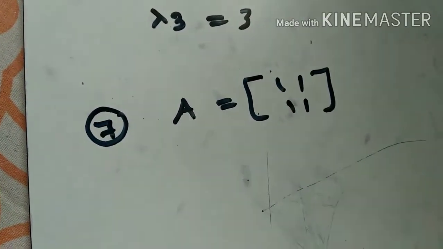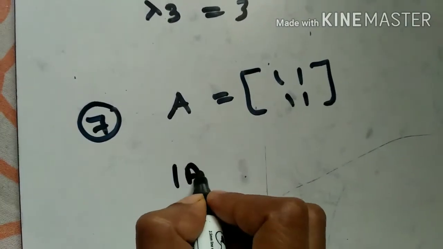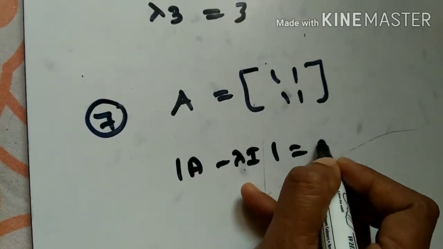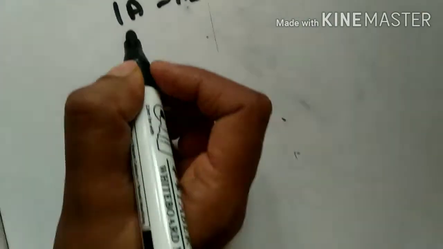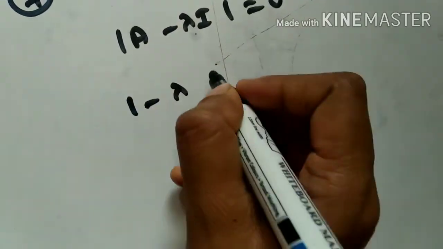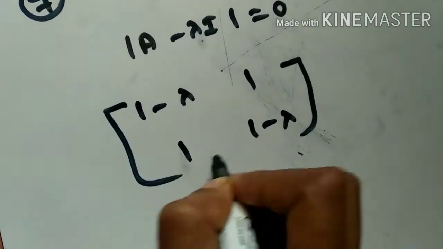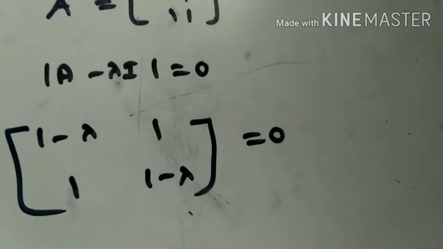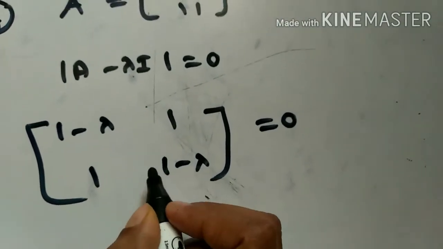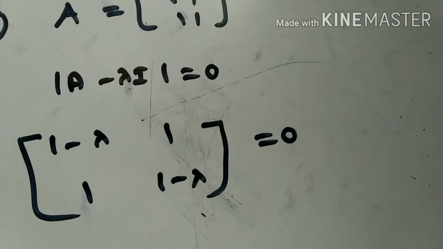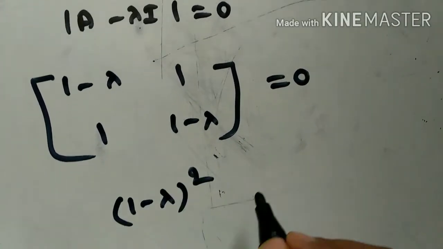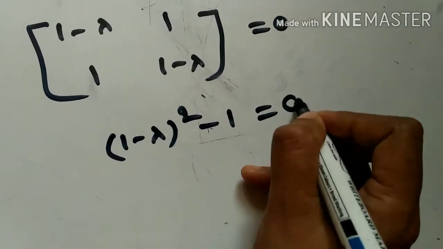This is my 2 cross 2 matrix, and what is my A minus lambda I here, which is 0? It means I will get 1 minus lambda, 1, 1, and 1 minus lambda, whose determinant is 0. So (1 minus lambda) square minus 1 gives me 0.